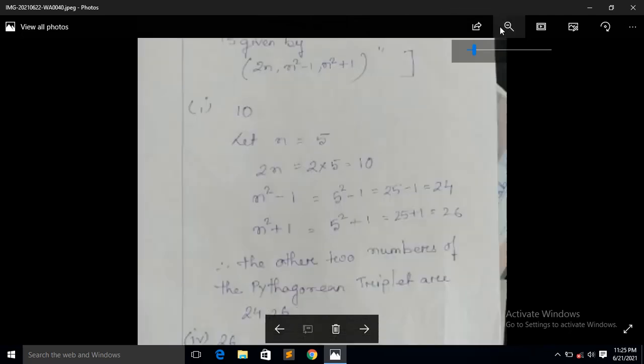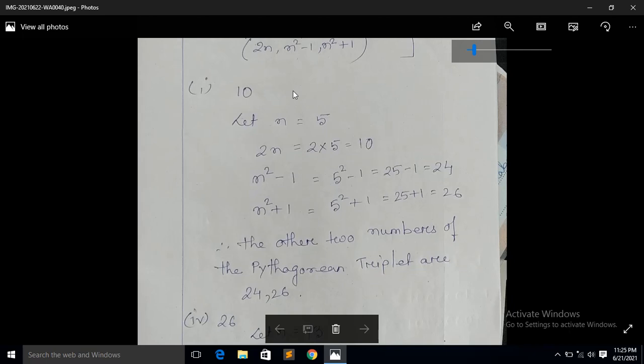I have already done one of these questions earlier. If one number of a Pythagorean triplet is given to you, how will you find the other numbers?